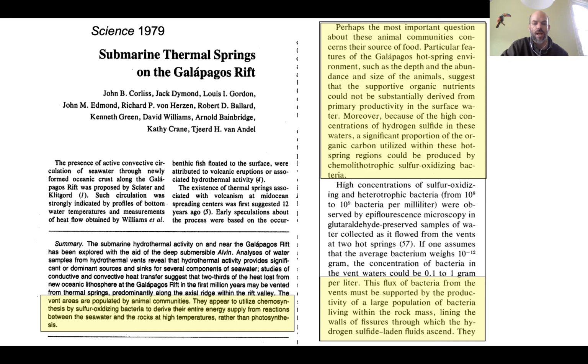So that Alvin dive was 1977. The paper in Science came out early 1979. "Submarine thermal springs on the Galapagos Rift." So this one paper is reporting a big geological discovery that they had finally found the hot springs that are releasing all of this heat associated with continental drift.